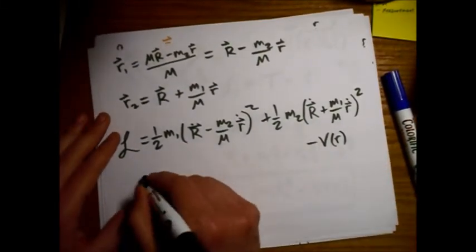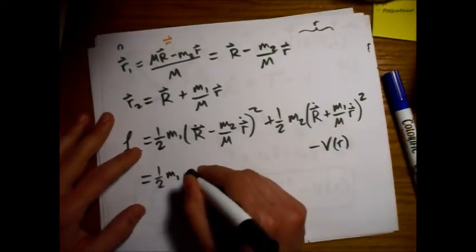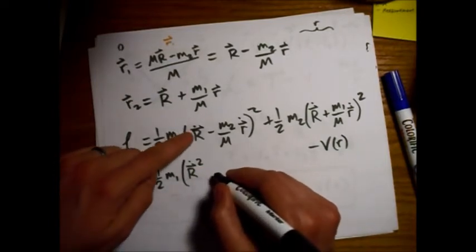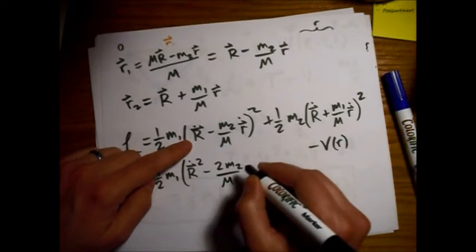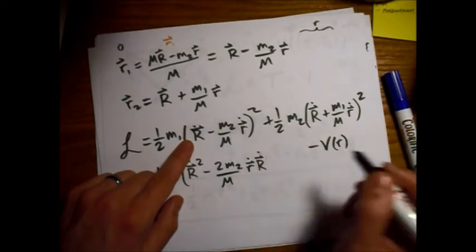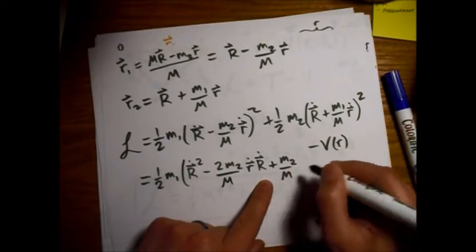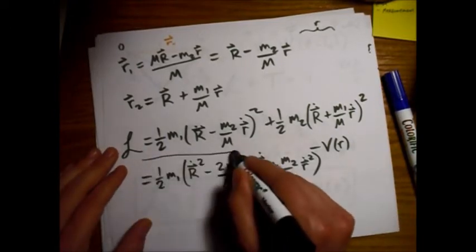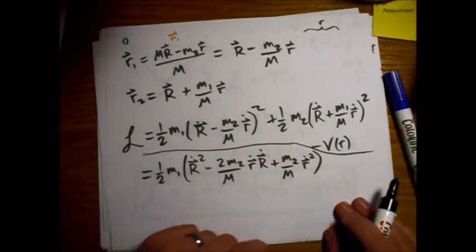So here we go. I'm just going to do a little algebra here. So 1/2 m1, R dot squared minus 2 m2 over big M, r dot, like that, plus m2 over big M. I'm going to draw a line here so we keep this V separate from what's above it.